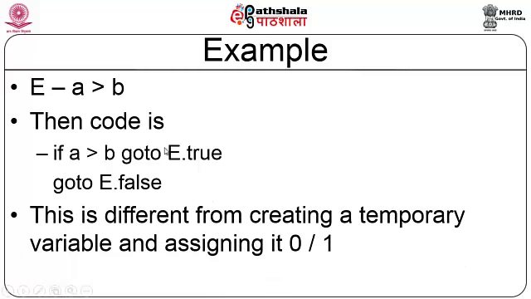Rather than generating a temporary variable and assigning a value of 0 or 1 depending upon whether the expression is false or true, this is not going to be done. You are going to deal with everything with respect to this particular context.